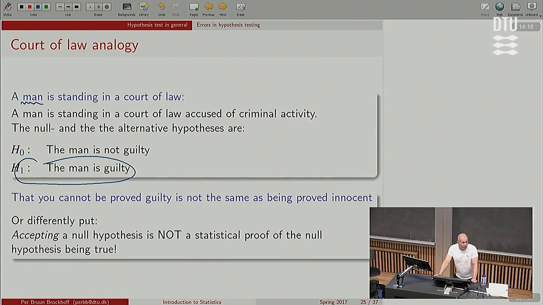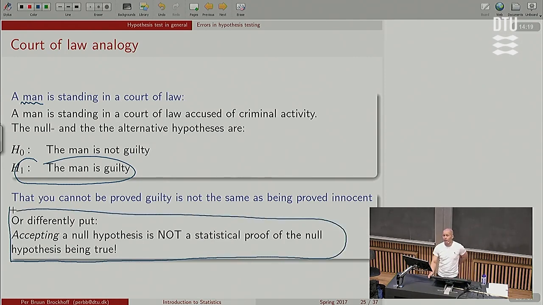By our principles of law in most of the world, we wouldn't convict you if we're not certain that you did what you did, right? But again, not rejecting is in its own right not a real proof that nothing is there. It could just be that you didn't manage to find it because your study was not very good, right?